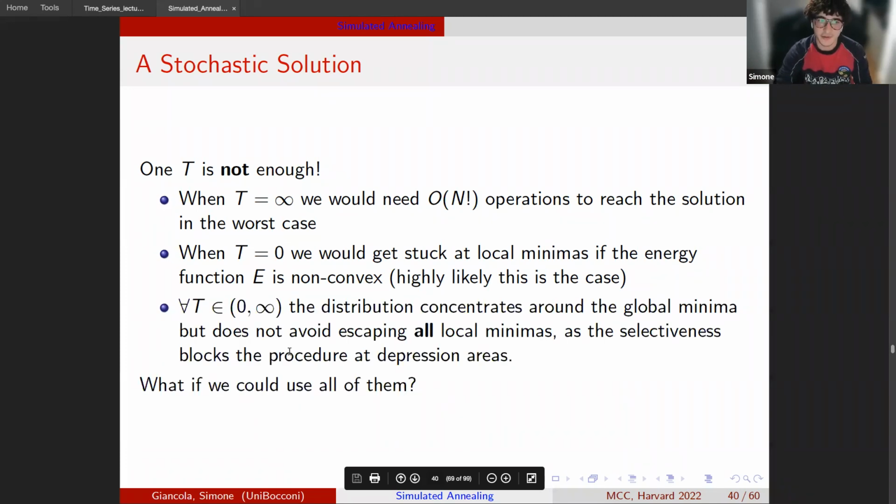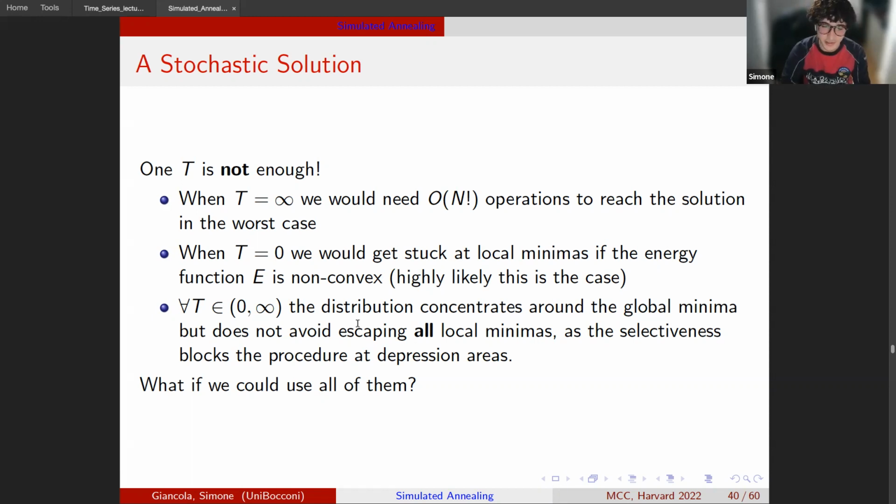Indeed, also for every t belonging to the set from 0 to infinity, the distribution will slightly concentrate around the global minima, but the decision rule that comes out from this specific t will not be able to escape all possible local minima in the worst case scenario. Because think of t as the factor that induces the decision rule.